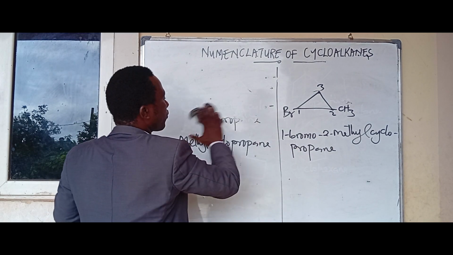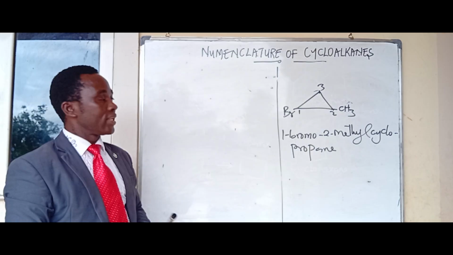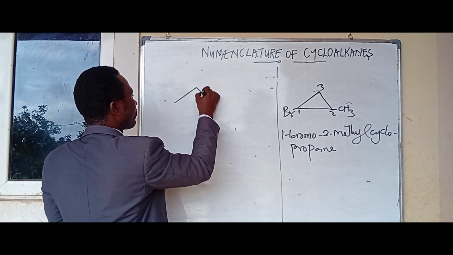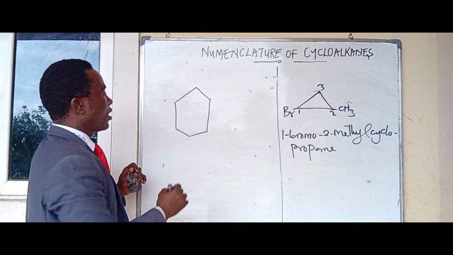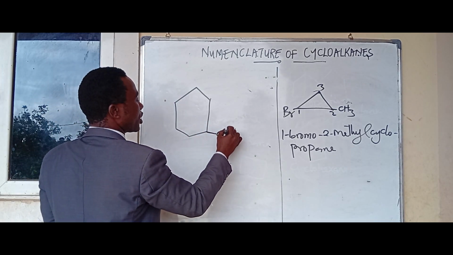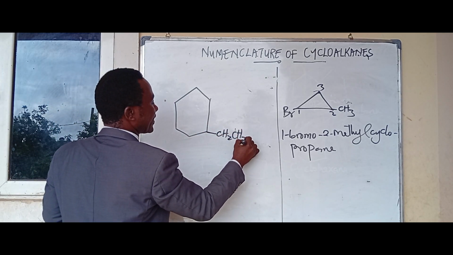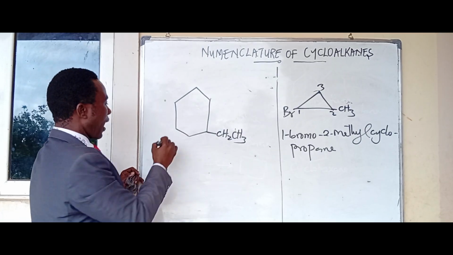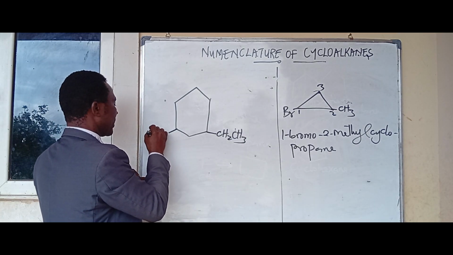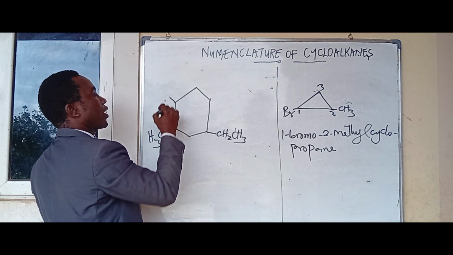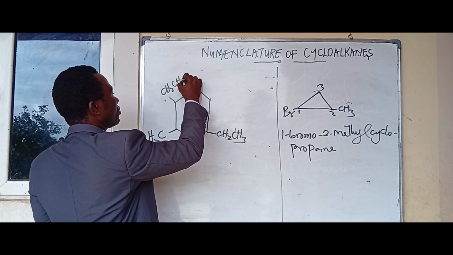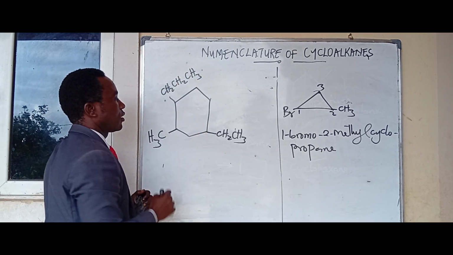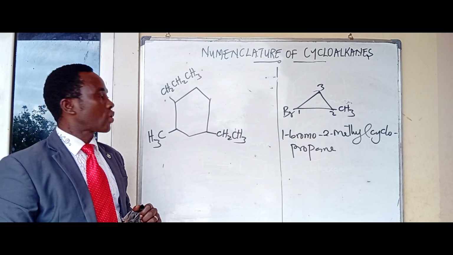Now, if we take another example, let's say we have a cyclohexane this way, and here we attach an ethyl group, here we attach a methyl group, and here we attach a propyl group, CH2, CH3, and we are asked to name this compound.